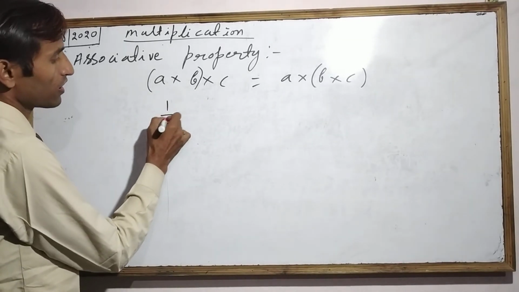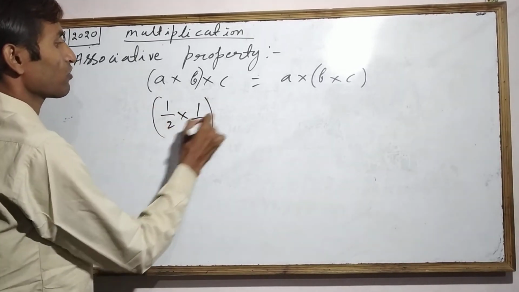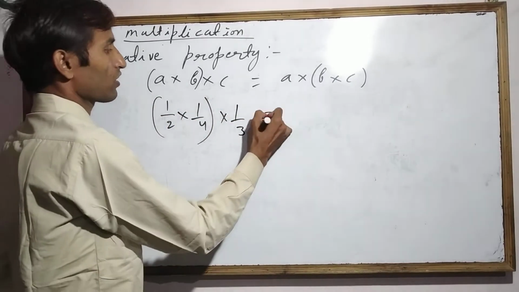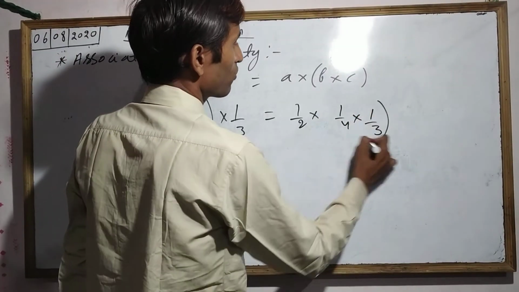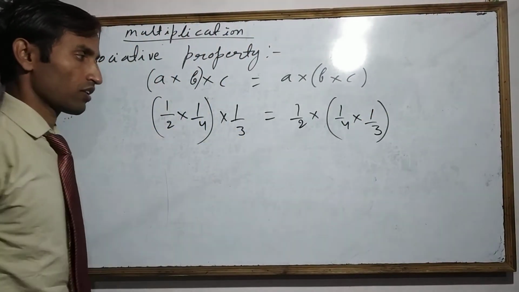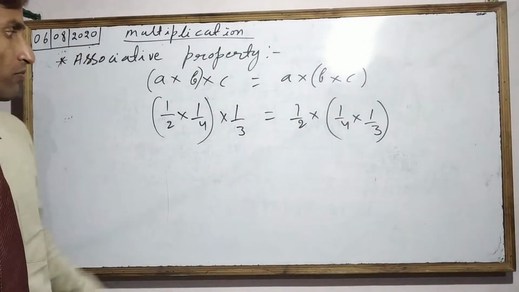Let us take the example 1 upon 2 into 1 upon 4, then multiplied by 1 upon 3, or 1 upon 2 into the product of 1 upon 4 and 1 upon 3. So we multiply 1 upon 4 into 1 upon 3 first, then multiply by 1 upon 2.